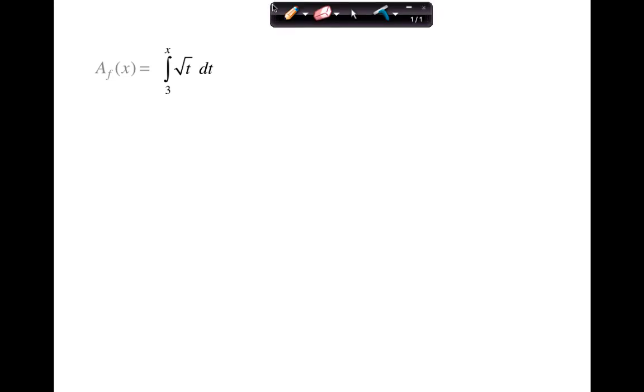So here's one way to write it. I don't want you to just copy it this way, but in your own words, here's one way to explain this. This is the exact accumulation of changes in some quantity f. So what are the changes in? The changes are in quantity f, due to its changing rate of square root of x at every moment from 3 to x.